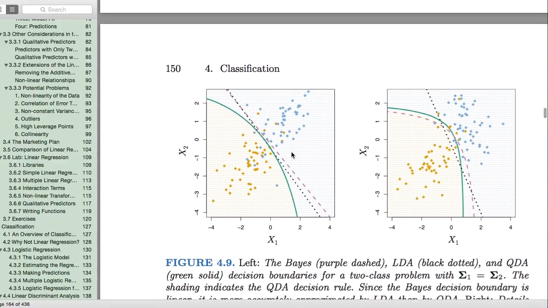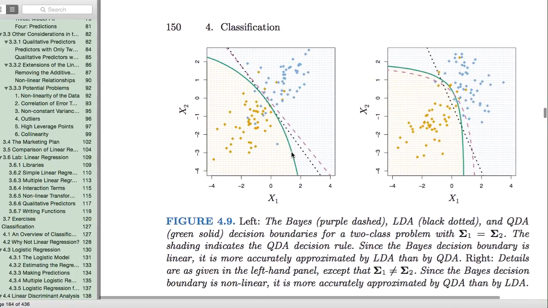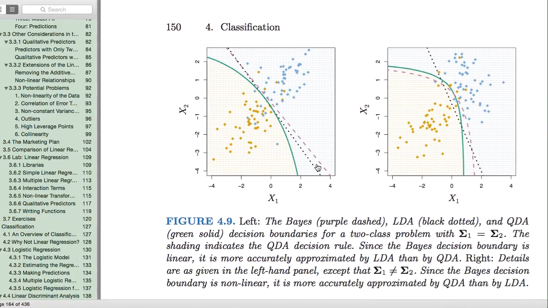Here's an example of where the flexibility helps and where it doesn't help. Here's a case where the true Bayes decision boundary is the purple dash. This is, again, a cooked data set with the true values known, and here the true decision boundary is more complicated.